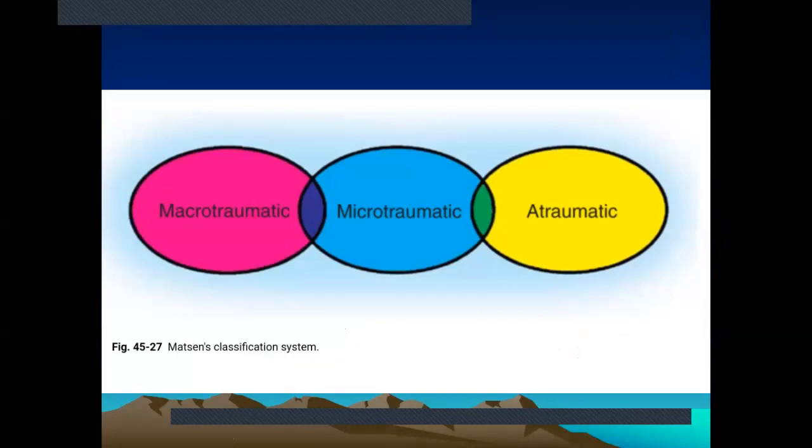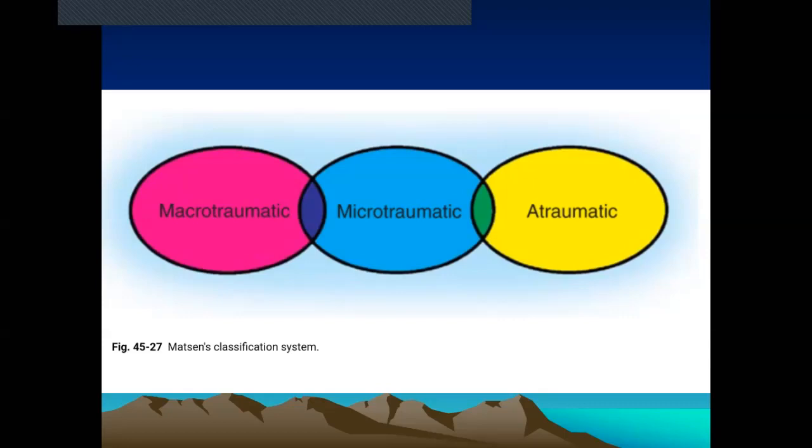Basically, the condition is classified as macro trauma, micro trauma, and atraumatic. Macro trauma is a single traumatic event, a very painful accident and very heavy trauma, which causes the shoulder to dislocate, and which usually has a Bankart's lesion.